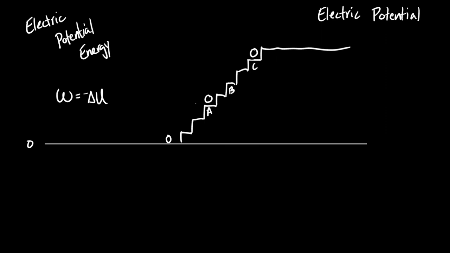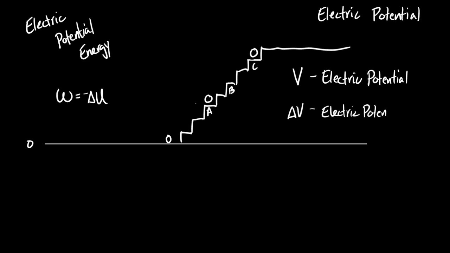Here's the hard part. We will define electric potential in terms of electric potential energy. Electric potential is given the capital letter V. That's the symbol for electric potential. Not to be confused with delta V, which is known as electric potential difference.